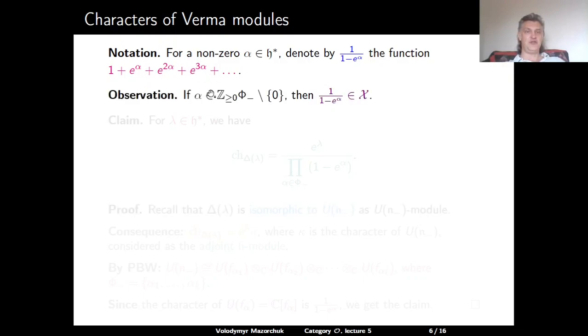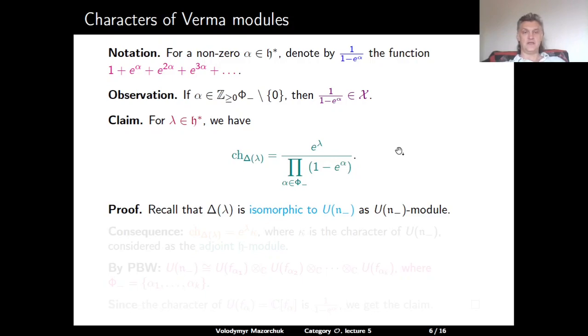And if we choose alpha to be a linear combination of negative roots with non-negative integer coefficients, then the function 1 divided by 1 minus the exponent of alpha belongs to X. So now we claim that for a weight lambda, the character of the Verma module delta lambda is equal to the exponent of lambda divided by the product over all negative roots alpha of 1 minus the exponent of alpha.